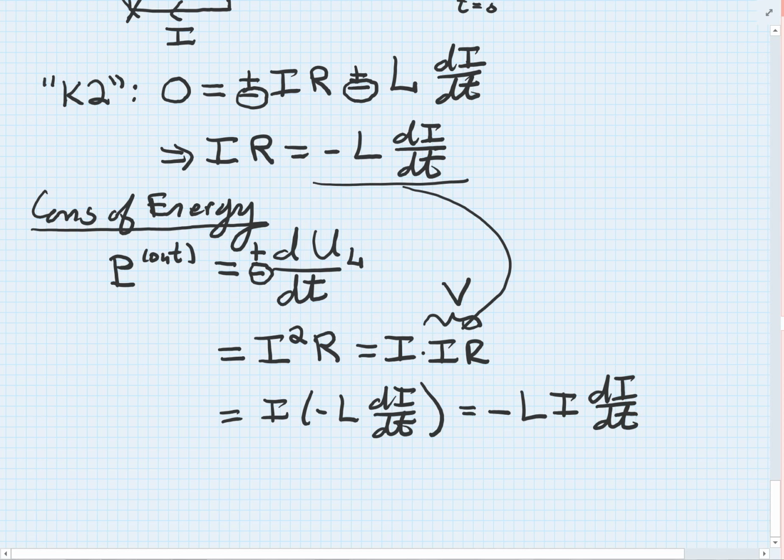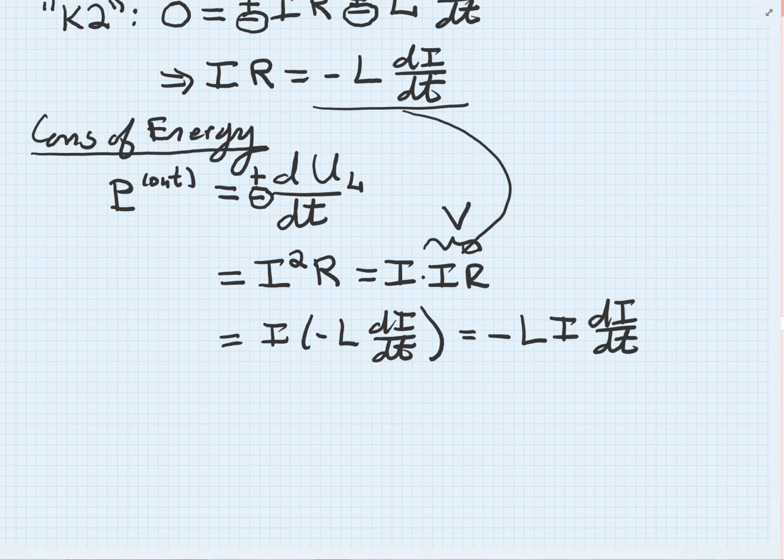So I have a nice, neat relationship between change in stored energy in the inductor and the changes in the current. Let me rewrite this a little bit. If I believe in conservation of energy, this term must equal that term.